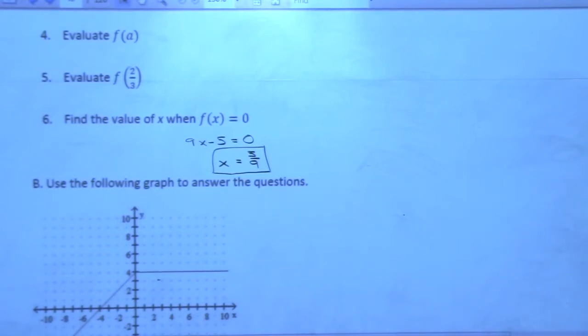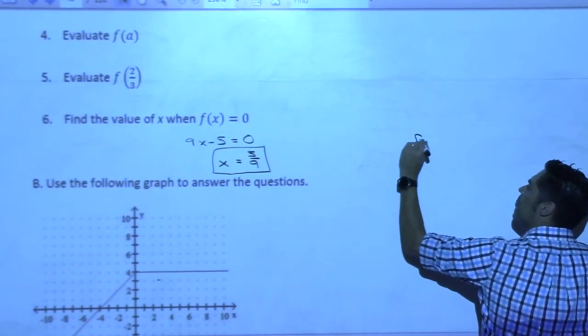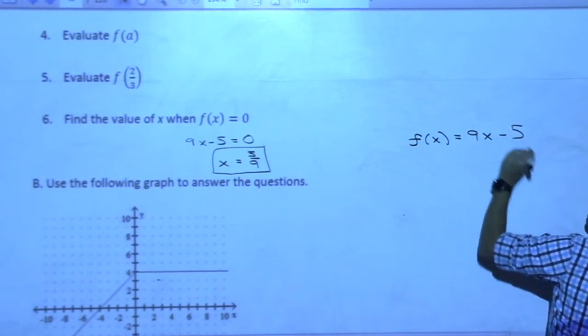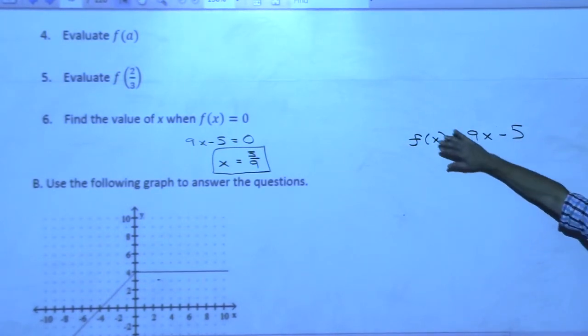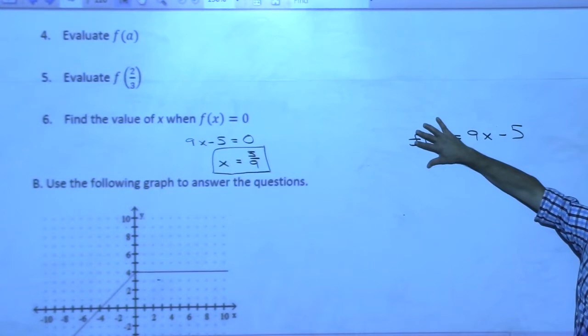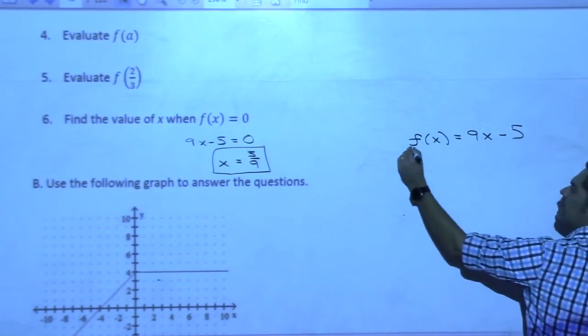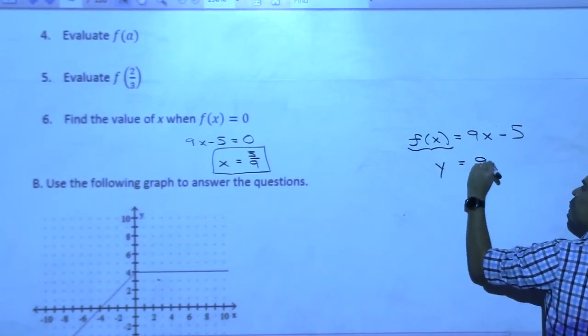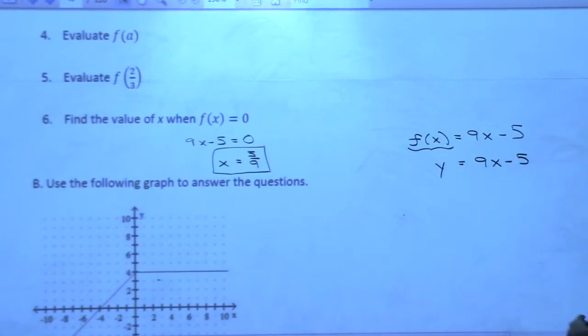All right, so before we do part B, I want us to look at this function we were just working with. Do you all recognize the right side of that as being something we've looked at already? Doesn't that look like mx plus b? If I call this side y, this would look like a linear equation from the past.